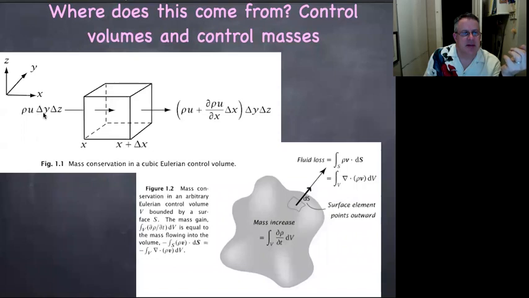So this is length times length per time times mass per length cubed. So this whole thing is mass per unit time. This is describing the mass of whatever is the mass quantity in this density flowing through that face in a unit time.